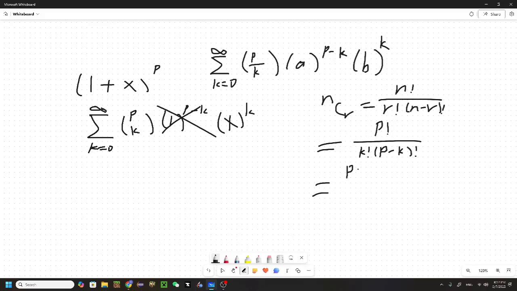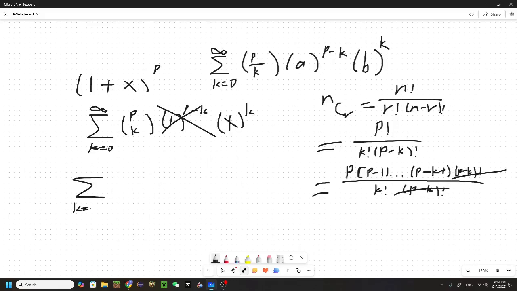What that would look like in practice is p times p minus 1 all the way to the second to last term, p minus k plus 1, the one before, and then we have p minus k factorial itself. By expanding it this way, we can cancel out the p minus k factorial from the n choose r equation. So now we should be left with the sum from k equals 0.